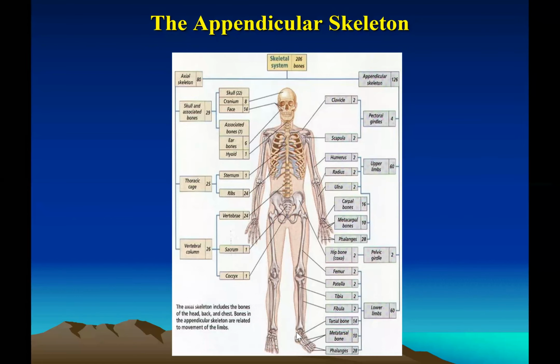We have 14 of them. We have 10 metatarsal bones and phalanges, which would be your toes, 28 of them. So we have 64 bones in the upper limbs and 62 in the lower limbs. And the girdles will help to attach the limbs to the axial skeleton.